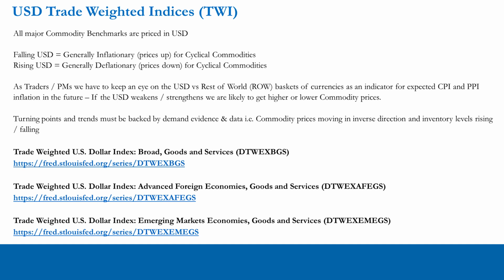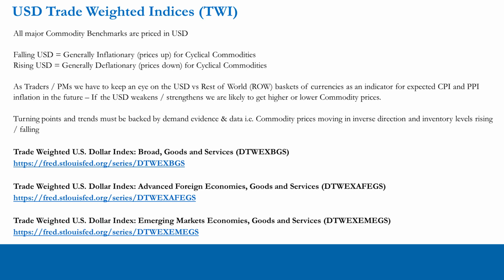And remember, turning points and trends in commodity prices must be backed by demand evidence and data. So commodity prices moving in the inverse direction to the US dollar move, and inventory levels rising or falling.